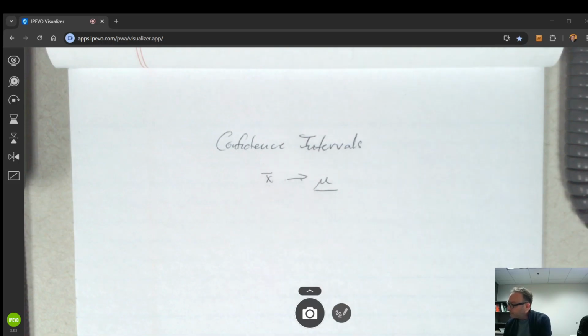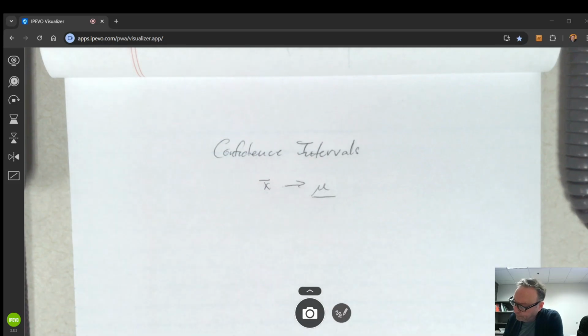Let me see what this actually says. It's virtually 0. Instead, you can estimate that the mean lies in an interval with a certain level of confidence, right?